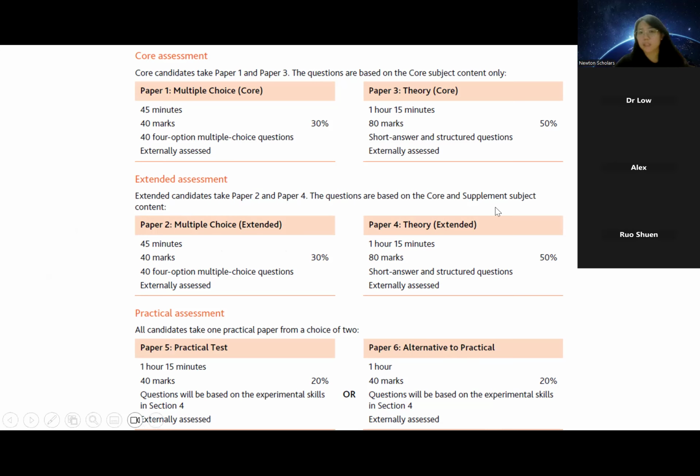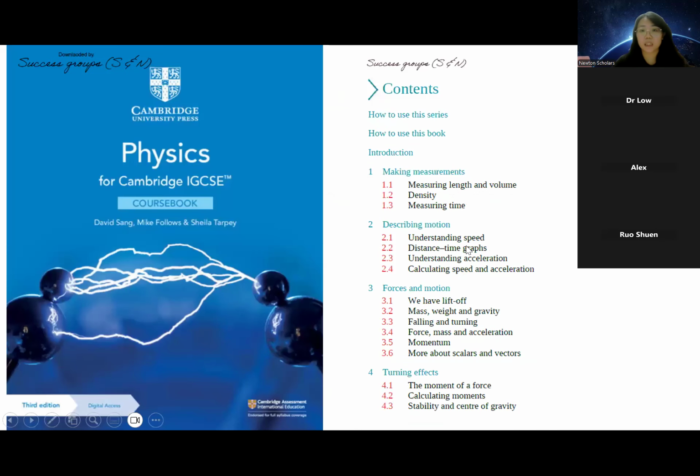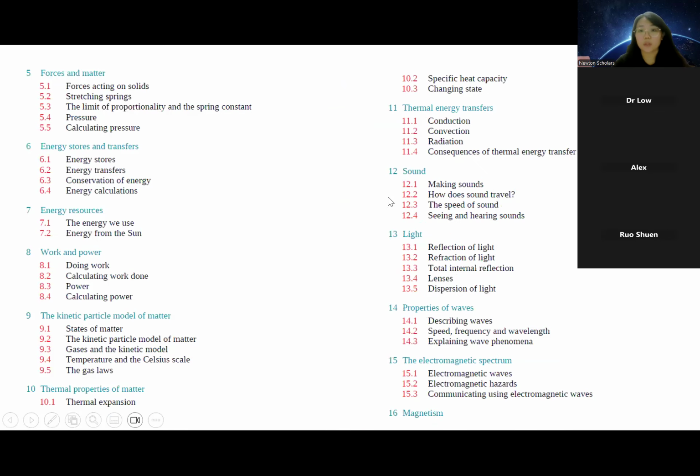The hardest part actually is paper 4. You have to write the theory, and you have to have very strong knowledge. In year 10, we follow this Cambridge textbook. Year 10 we study until chapter 15, the electromagnetic spectrum.